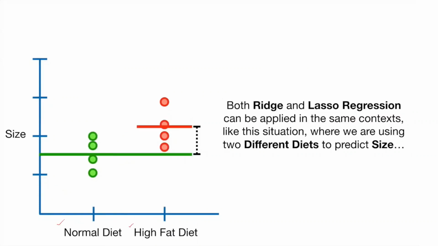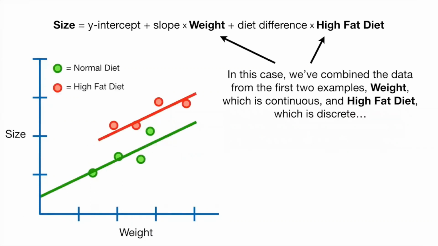Now, in this case, when we are taking an example of a normal diet and a high fat diet, our size is basically y minus intercept plus slope into weight plus diet difference into the high fat diet. Okay, so this is the line.